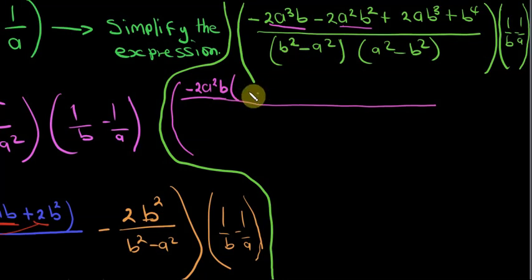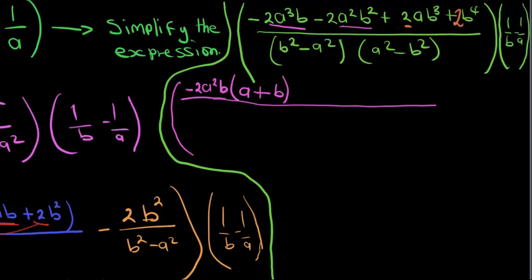That leaves me with just a plus b. And here, wait, something is missing. 2b, I missed a 2 here.